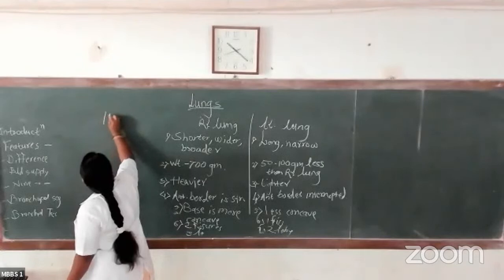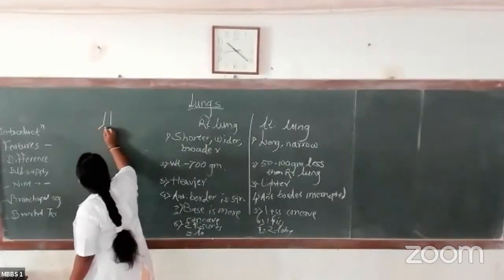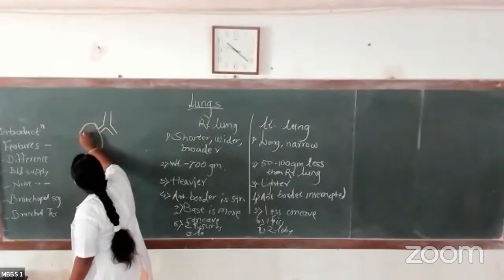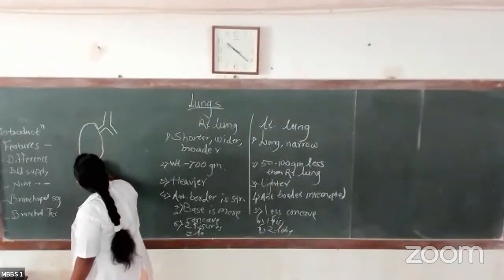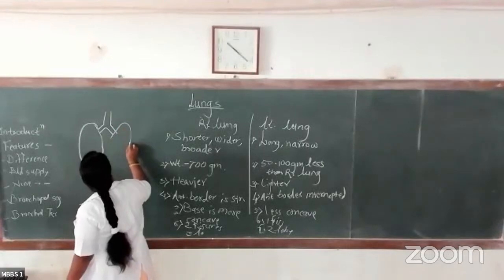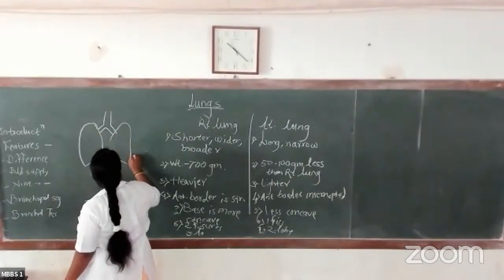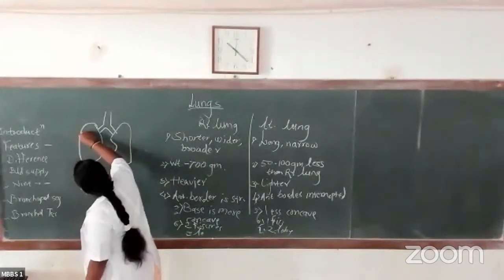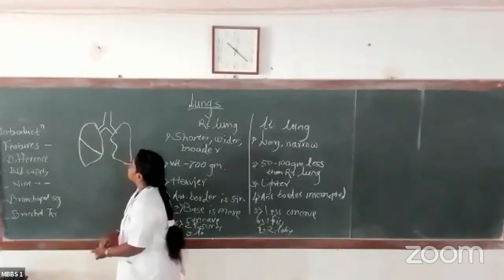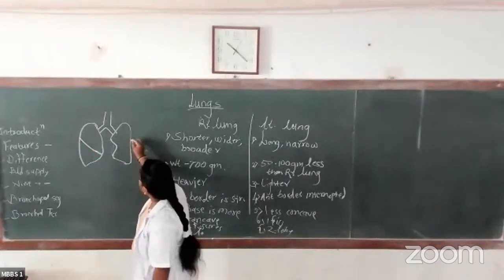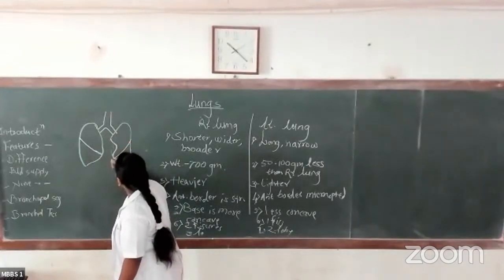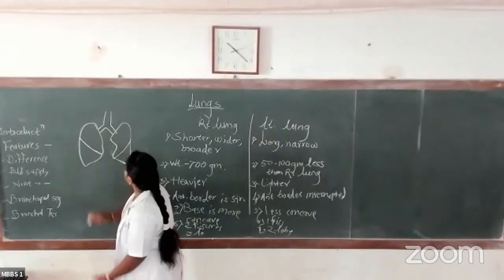Now we'll see how these lobes are formed. See, this is the oblique fissure of right and this is the oblique fissure of left lung.